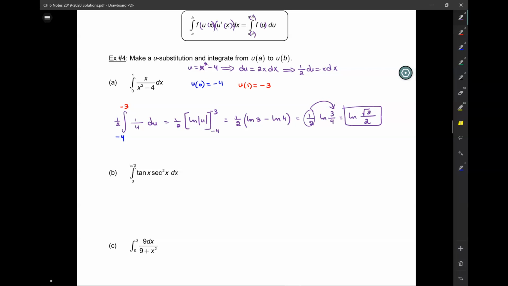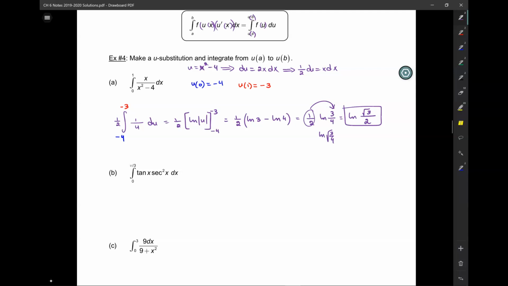No, because what happens is here it's ln of root 3 over 4. Okay. You could also not put the bounds. Integrate, change back to x, and then use the bounds for the x. Both will work. I used to do it that way, like the first half of my teaching career.